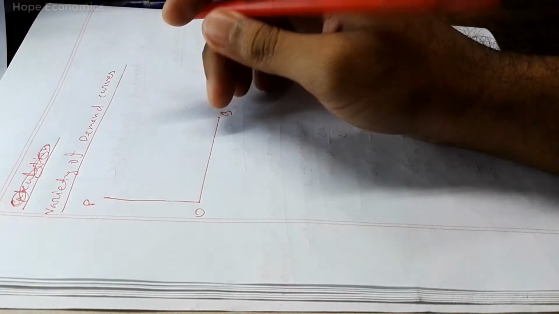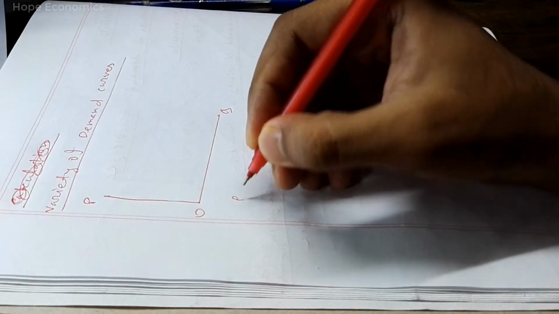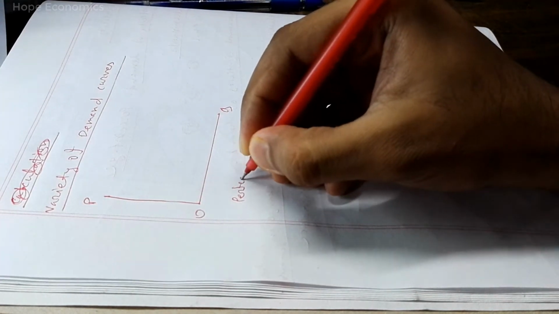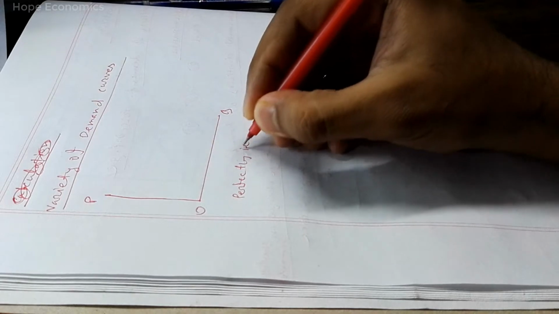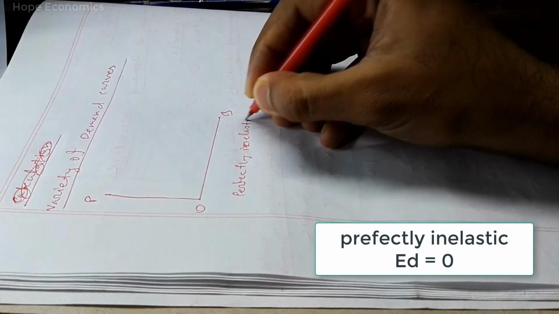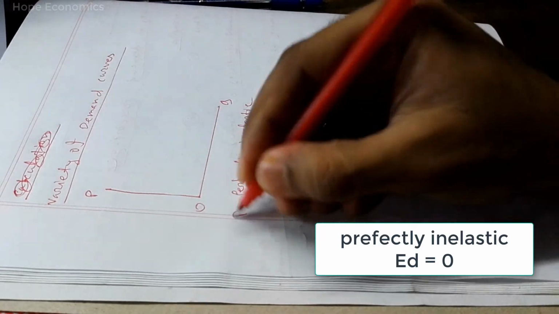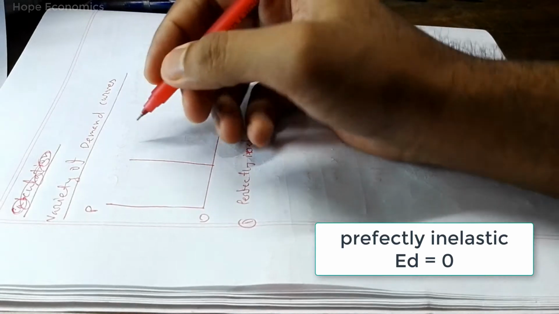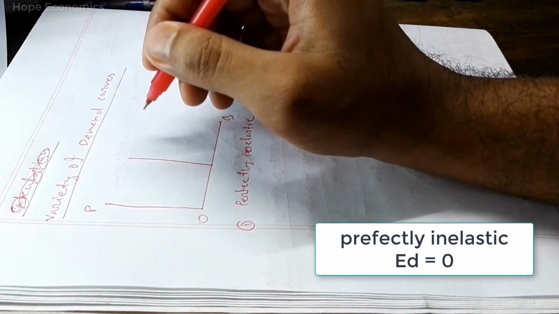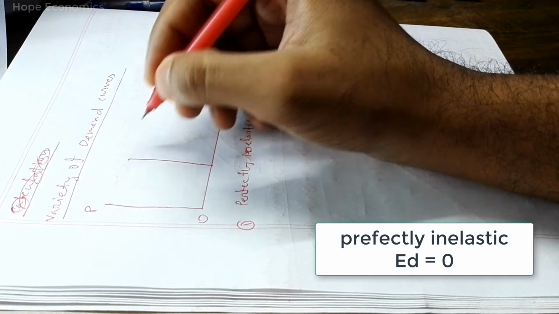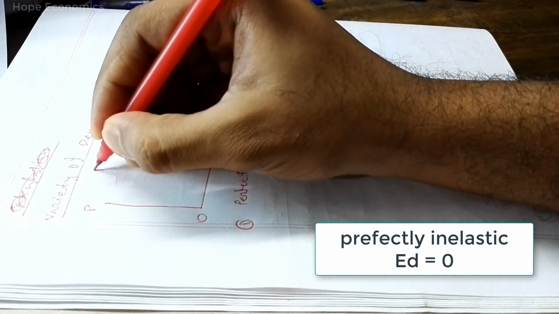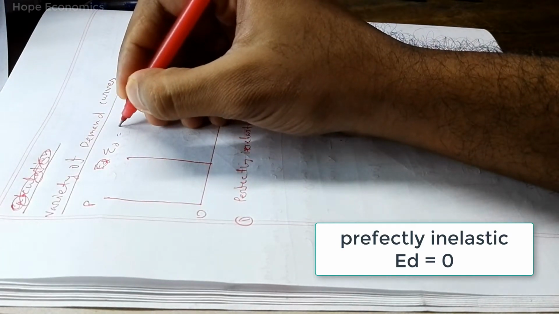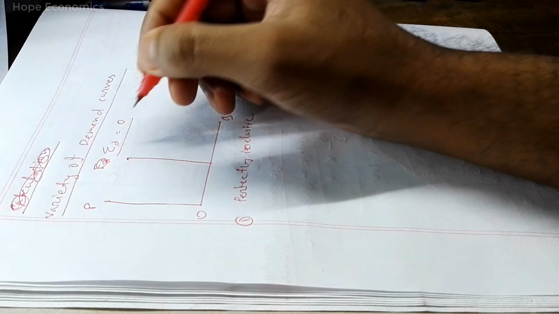So number 1 is perfectly inelastic, sorry, perfectly inelastic, where the curve is vertical and ED is 0, elasticity is 0.